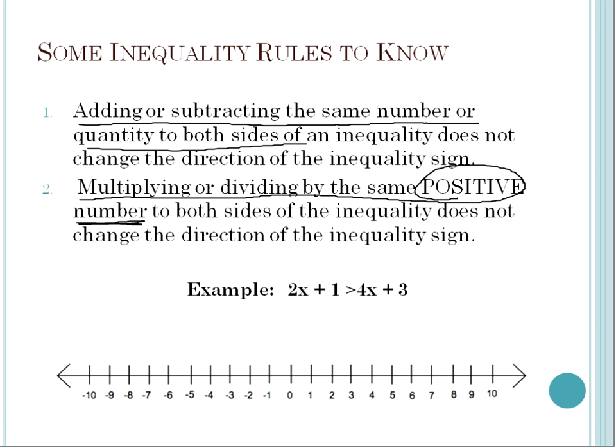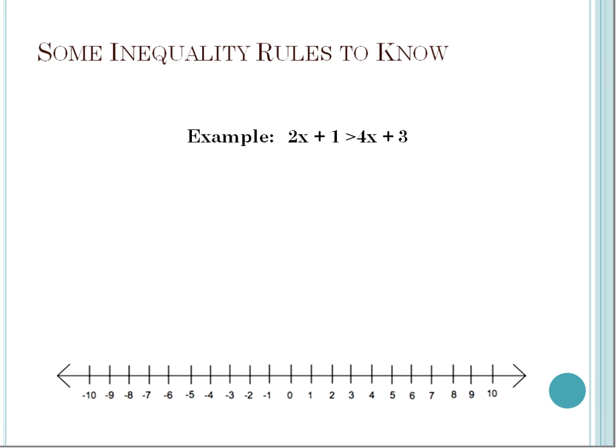So let's investigate these 2 rules with our example that's given below. And I'm going to give you some moments to start solving this task. 2x plus 1 is greater than 4x plus 3. Kind of chat with me, or grab that pen if you're daring, about how we might solve this 2x plus 1 is greater than 4x plus 3.